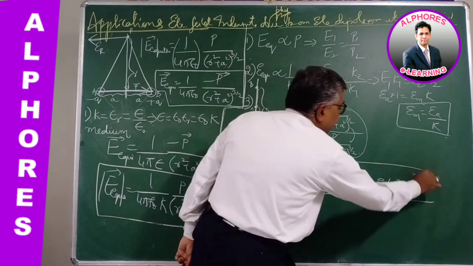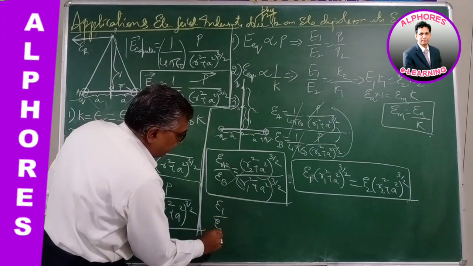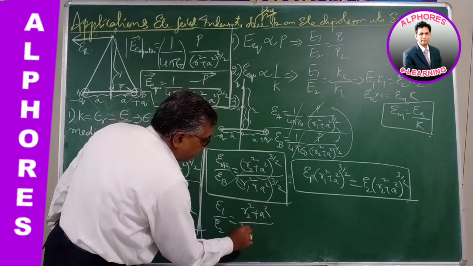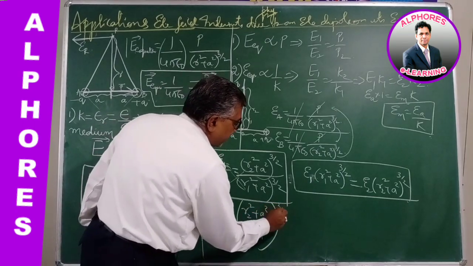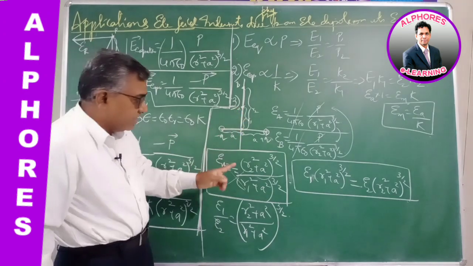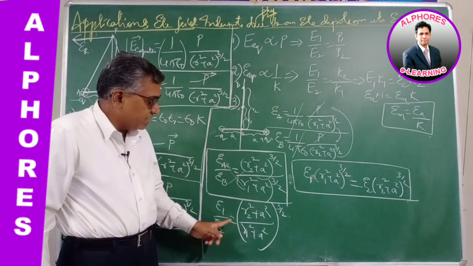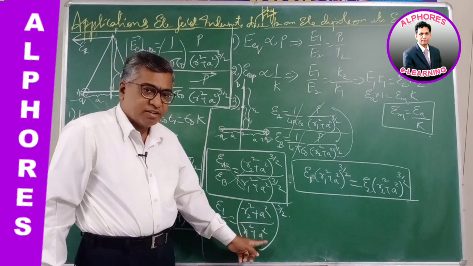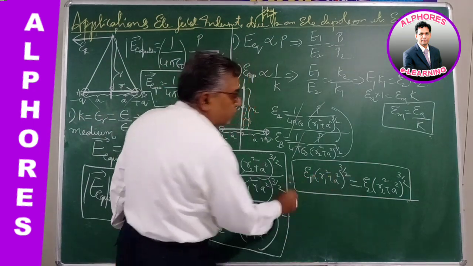You can write it in this form, or you can even show it as E1 by E2 is R2 square plus A square by R1 square plus A square whole to the power of 3 by 2. At point A the field is E1. If I imagine EA is E1 and EB is E2, then E1 by E2 is this ratio. So this is the comparison between the electric fields at two different points.